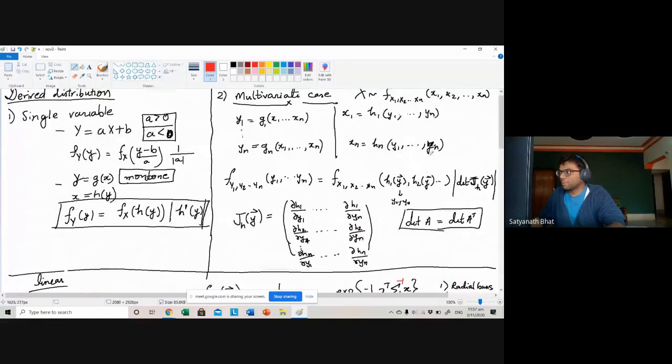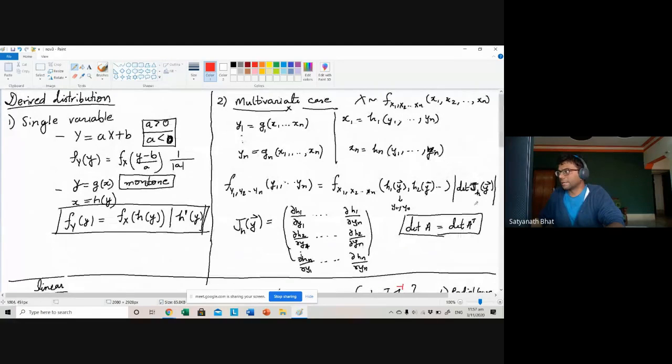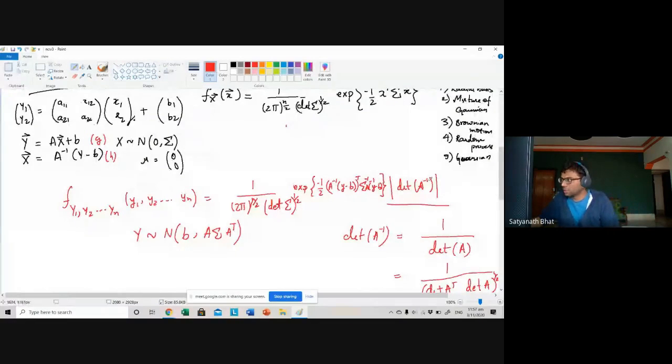So the determinant of that Jacobian will be the determinant of whatever A inverse matrix is there. Okay, so then we put this. And then this is an identity, a linear algebra identity: determinant of A into determinant of A inverse.